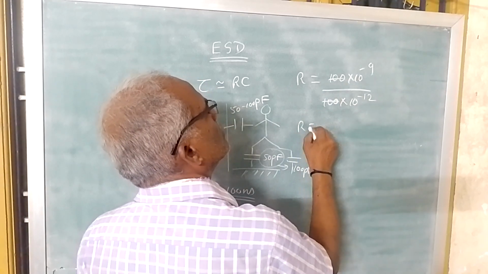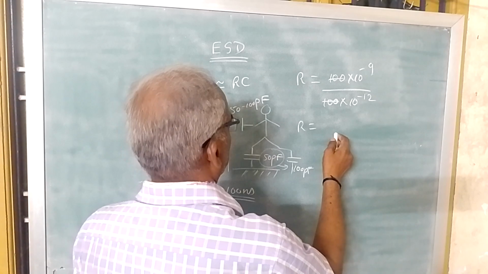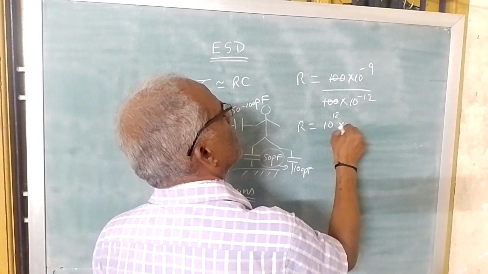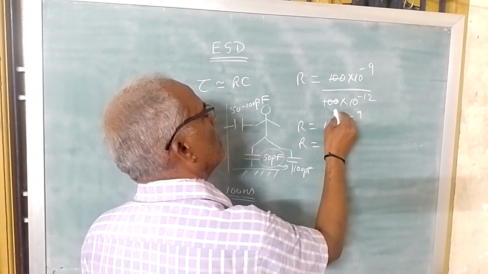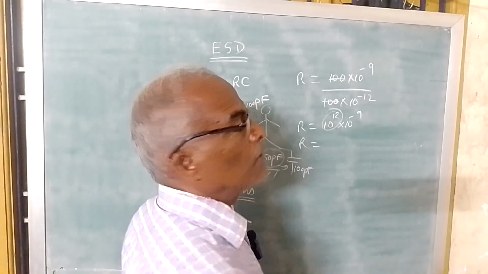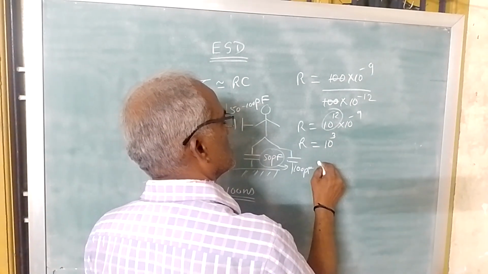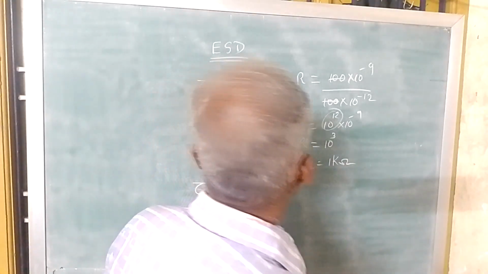So R is equal to, this will go to the numerator, so 10 power 12 into 10 power minus 9. So R will be roughly 10 power 12 into 10 power minus 9, which will give you 10 power 3. So that is 1 kilo. Okay.